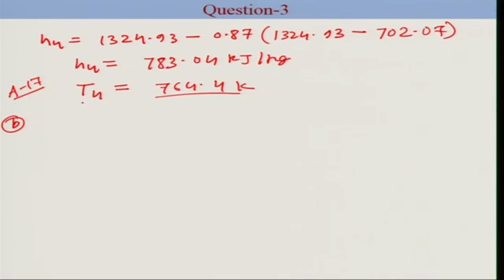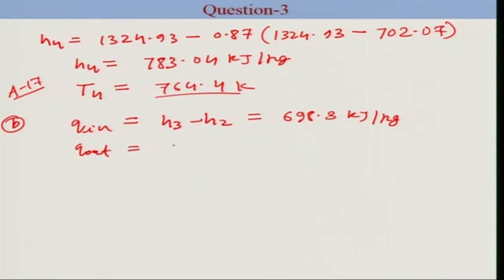In the second part of the question, we have to calculate the net work. So, Q in will be H3 minus H2, which will be 698.3 kilojoule per kg, and Q out will be equal to H4 minus H1 equal to 487.9 kilojoule per kg.